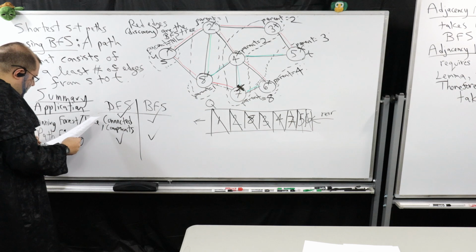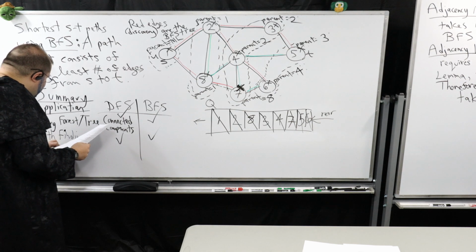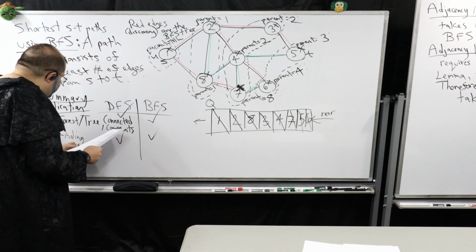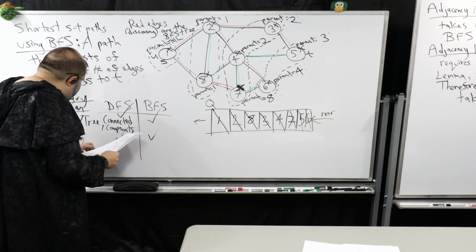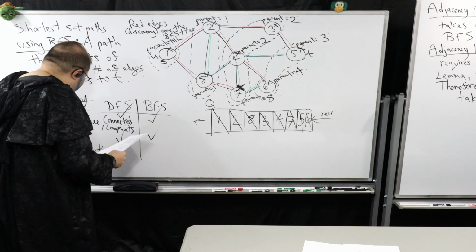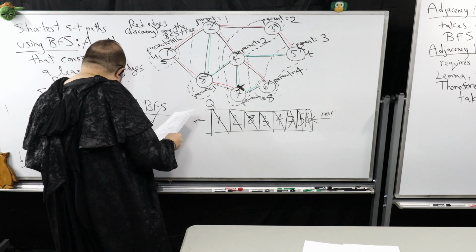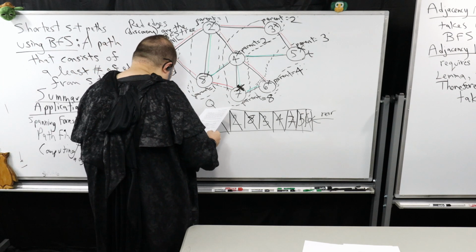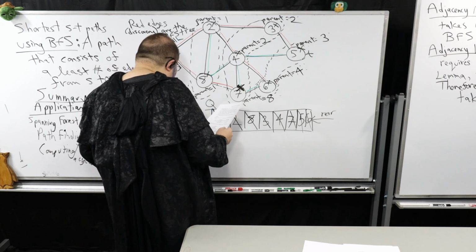So this would be detecting a cycle. My apologies, it's sort of melting into the board here. Maybe that's the theme for the Halloween spirit, I guess. So you can do that with both of these.